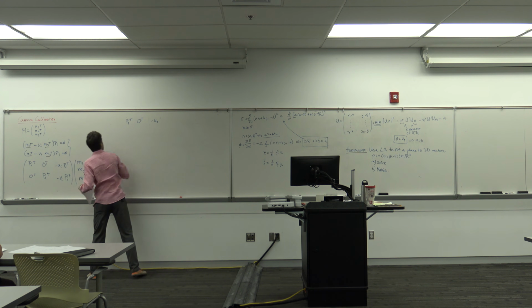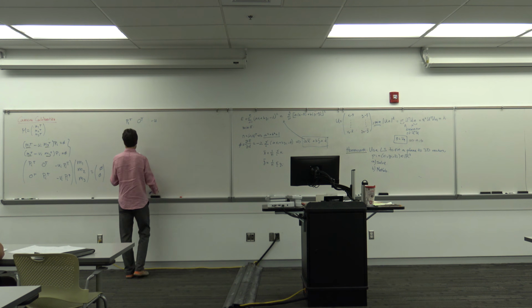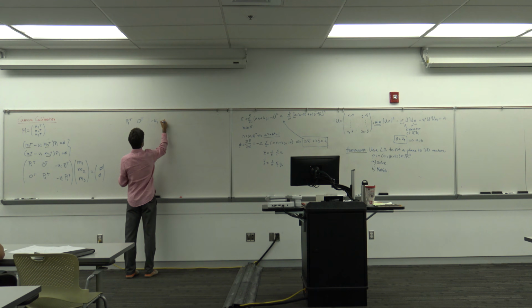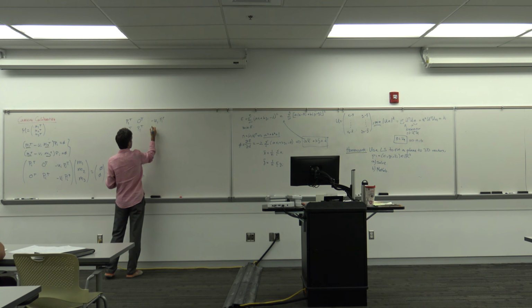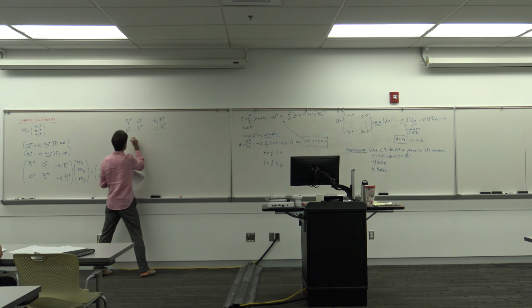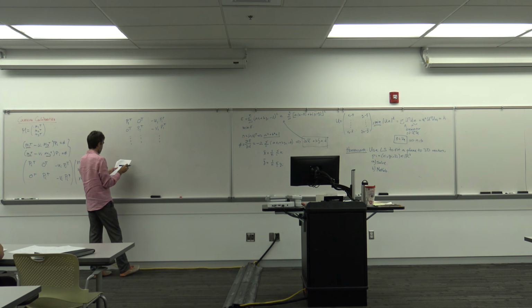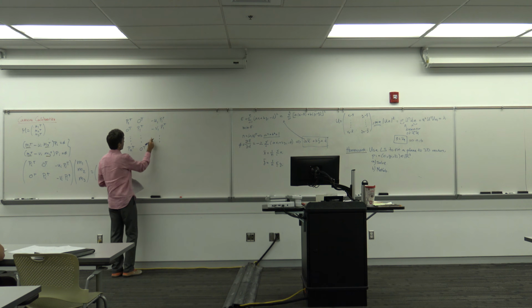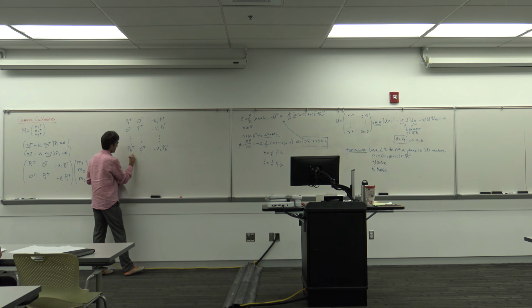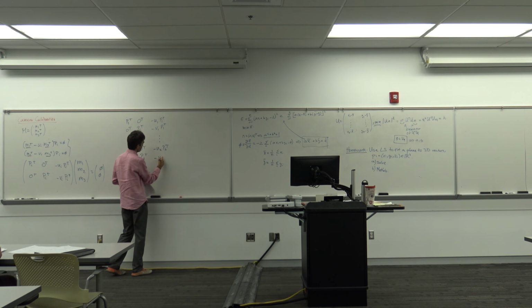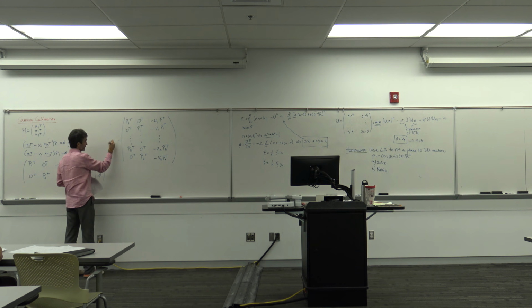They should be U1, P1 transpose, 0 P1 transpose, negative V1 P1 transpose. And then I repeat these three terms for all the n points: negative un Pn transpose, 0 Pn transpose, negative Vn Pn transpose. Let me call this capital P.